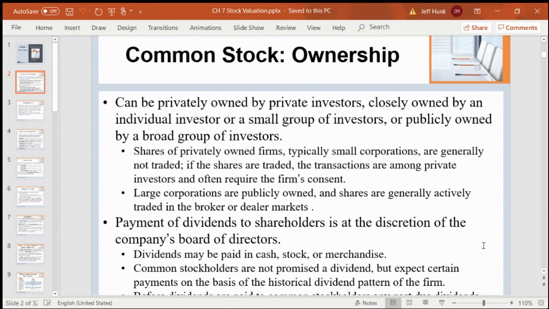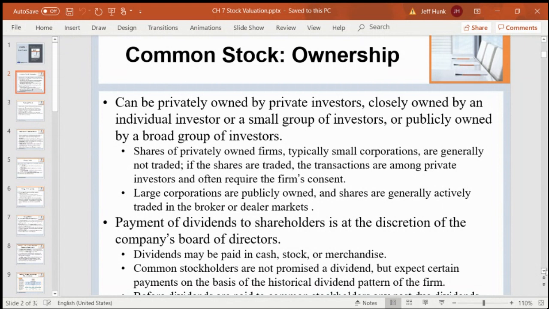Other than that, preferred stock doesn't have anything superior over common stock, especially as it lacks the voting right. But there is also something else, something like a tax advantage. But without further ado, let's go into this slide.